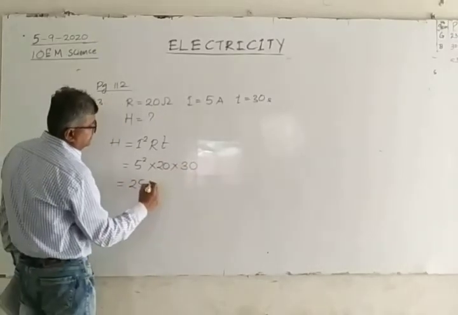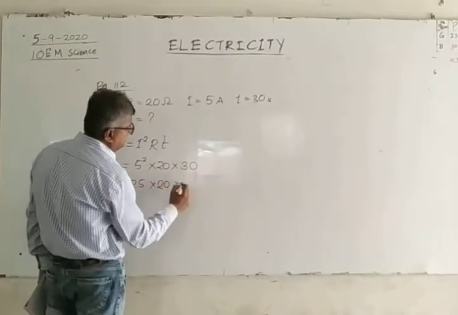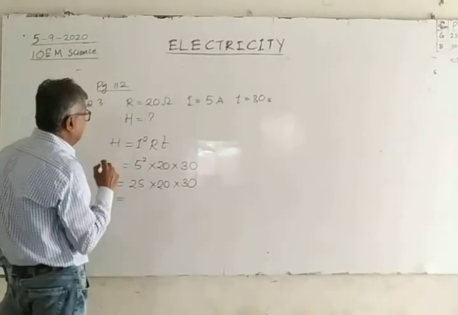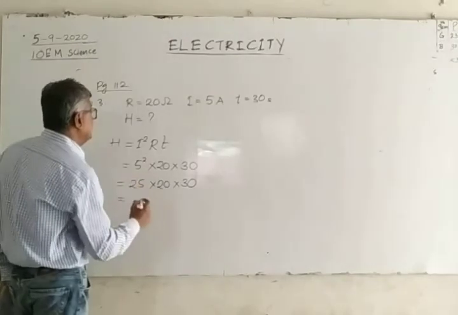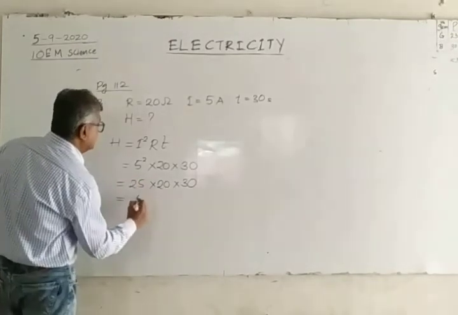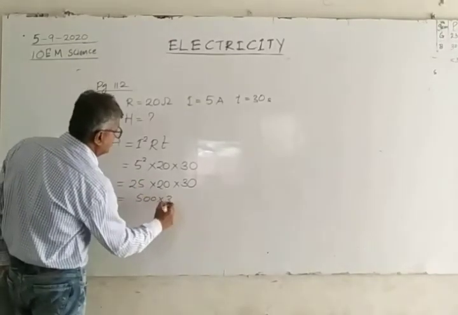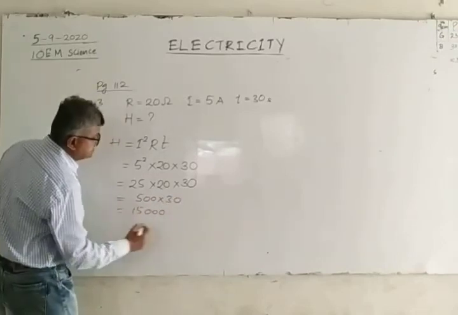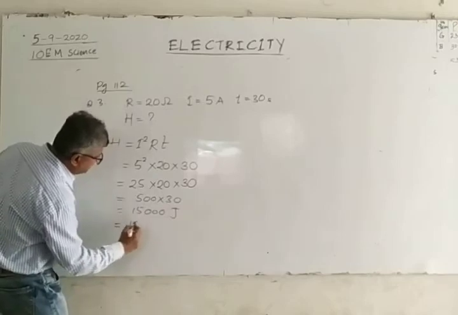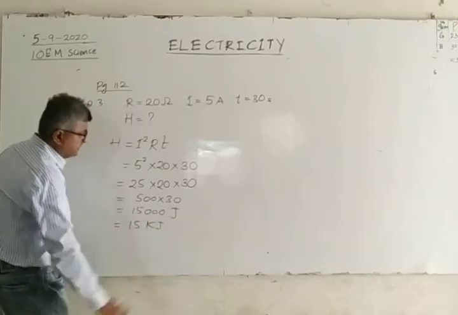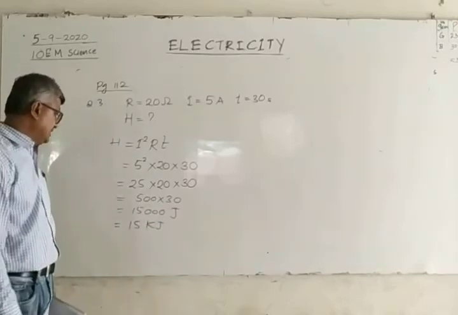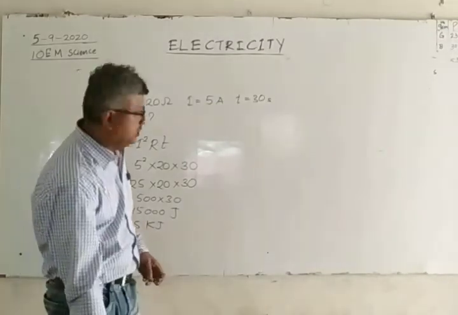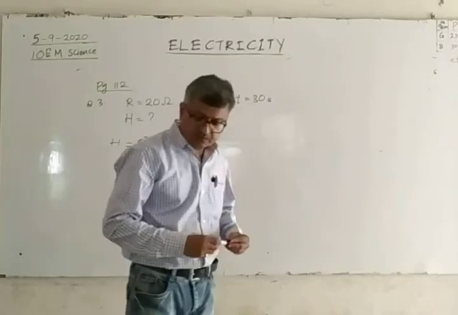So 25 into 20 into 30. 25 twos are 50, so 500 into 30. 3 fives are 15,000 joule or 15 kilojoule. 1000 joule means 1 kilojoule. So you can write that 15,000 joule or 15 kilojoule.